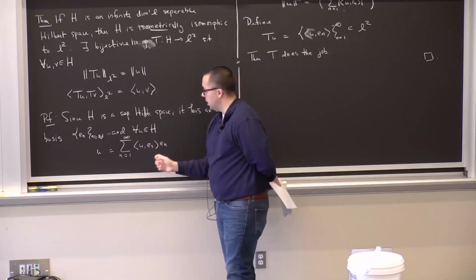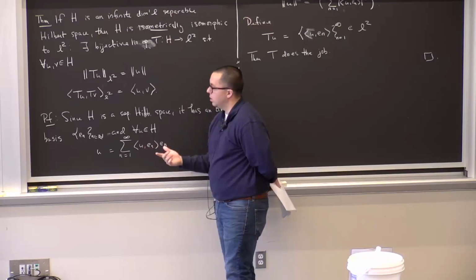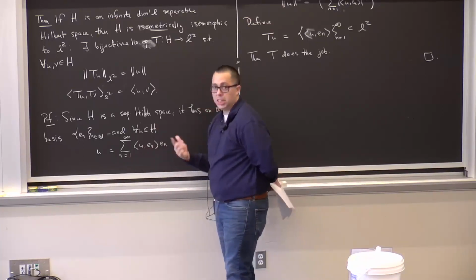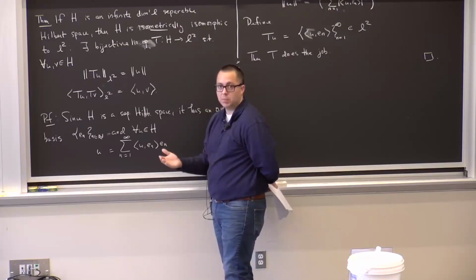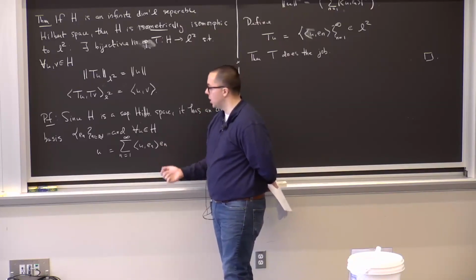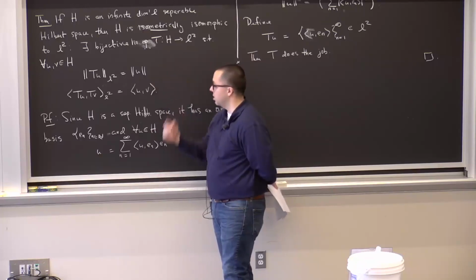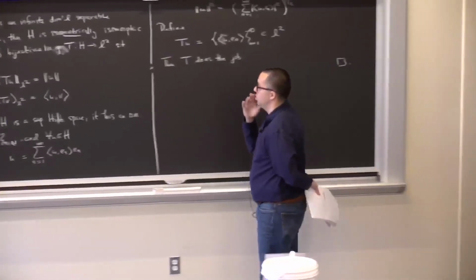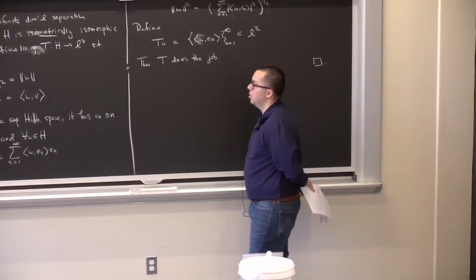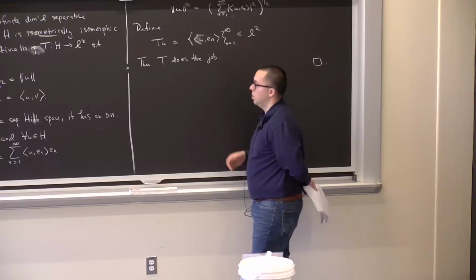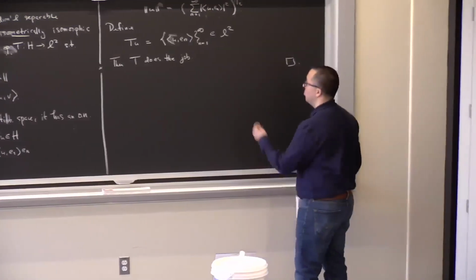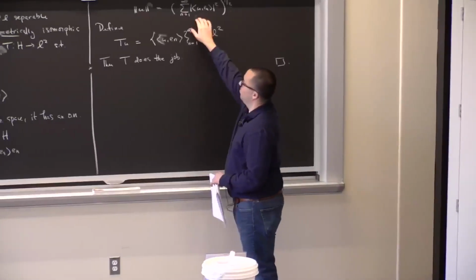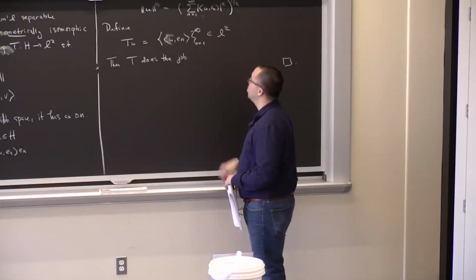Now if I put Cn here, En, now you can argue, as we did before, that this series is in fact Cauchy in H, and therefore converges to some element in H, and then you can prove that T takes that element to the sequence that you started with, proving that T is surjective. Okay, so I'm not going to go through all the details, but it should be kind of clear, at least based on this identity here, what the map should be.